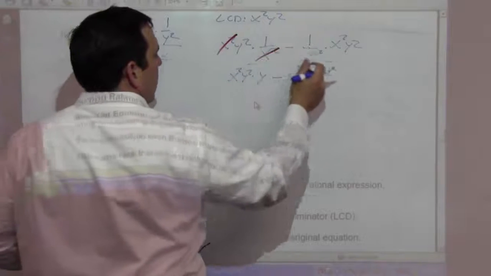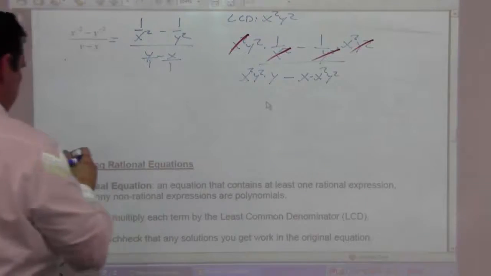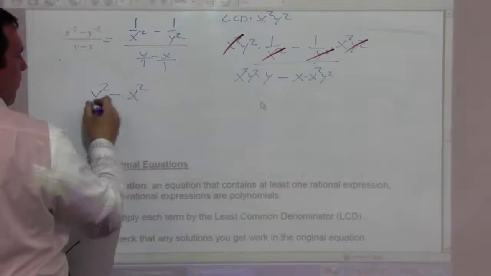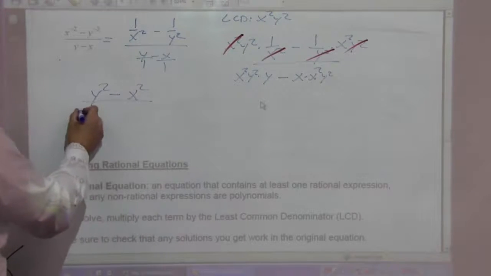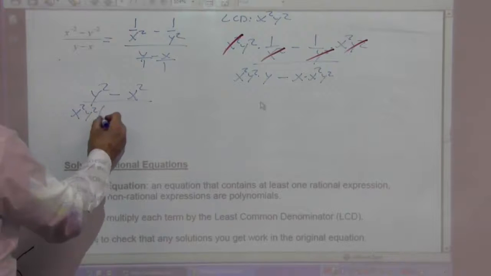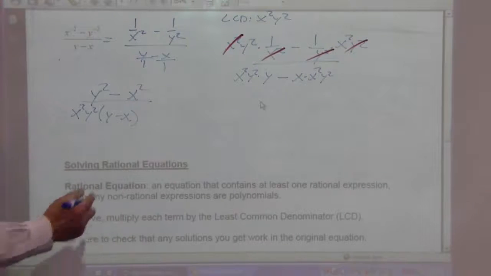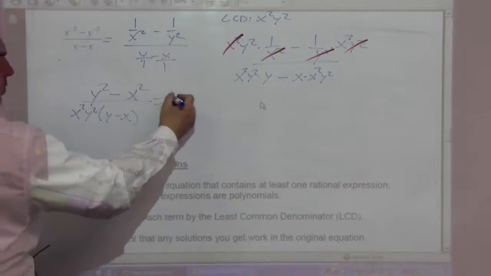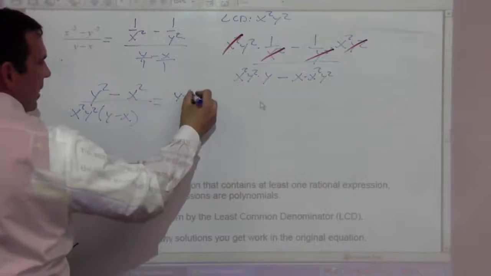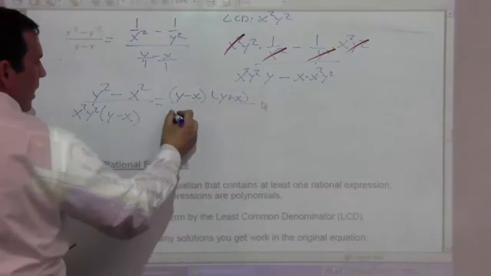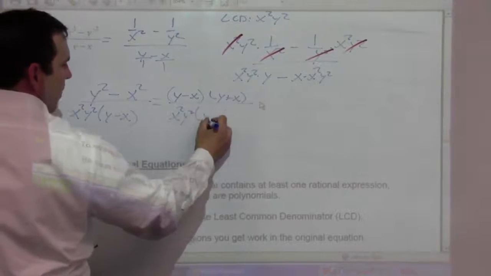The x squareds divide out, the y squareds divide out. We have y squared minus x squared on top. Down below we have x squared y squared times y minus x. What's cool about this is we can factor the numerator: y minus x times y plus x, divided by x squared y squared times y minus x.